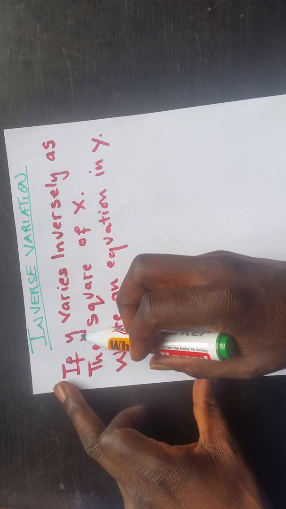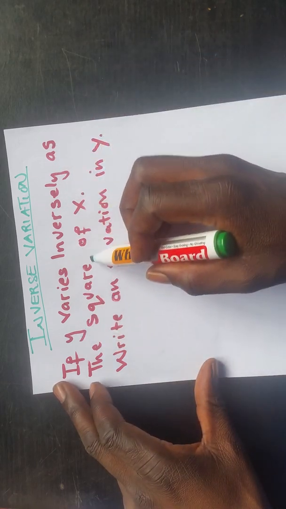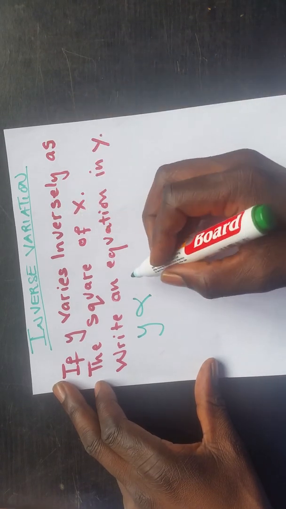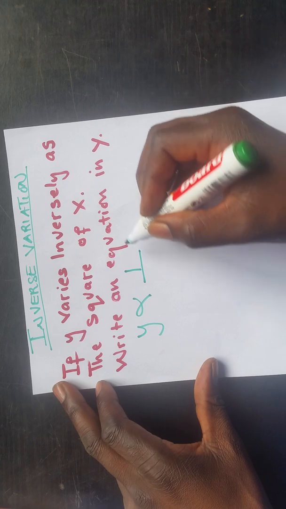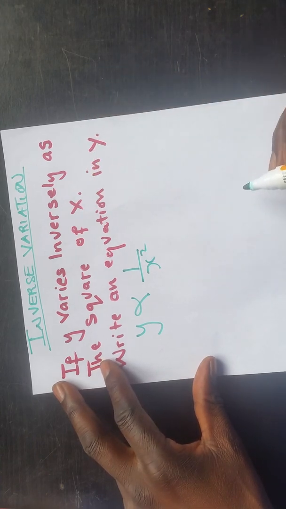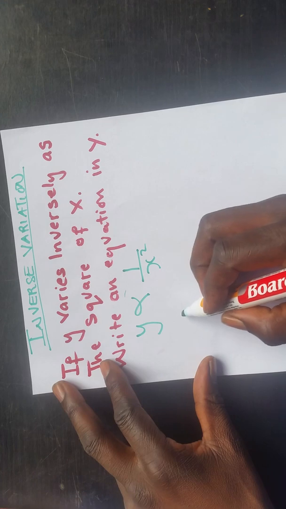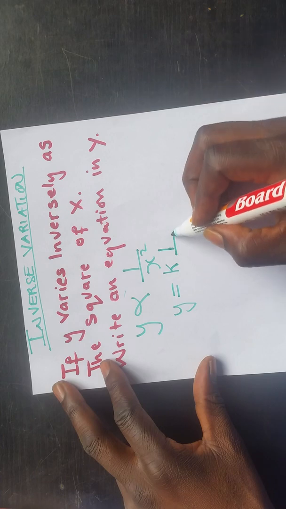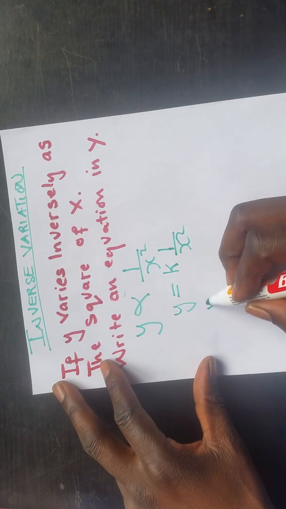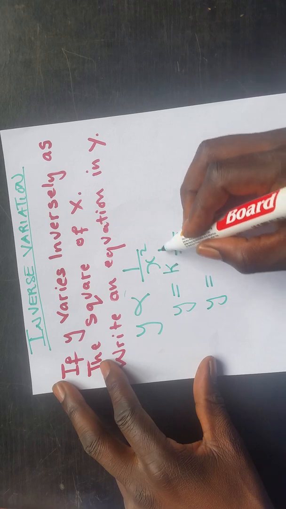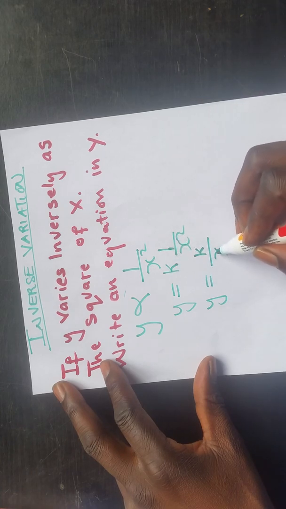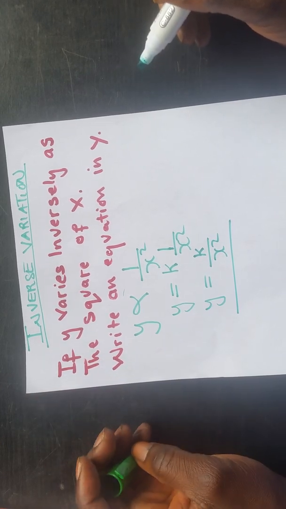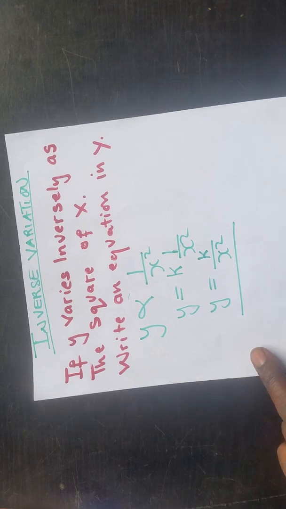For example, if y varies inversely as the square of x, it's going to be 1 over the square of x, which is x squared. Again, to replace the variation sign with an equal to sign, we introduce a constant. So this is k times 1 over x squared, which is just k over x squared. This is how you come up with an equation for inverse variation. Right, so let's look at an example for inverse variation.